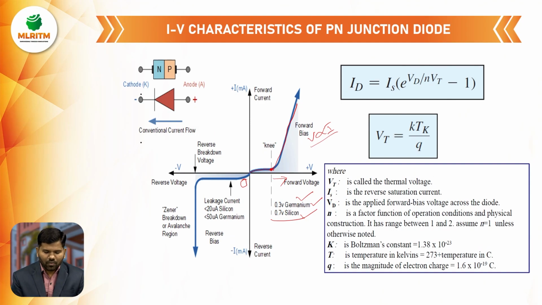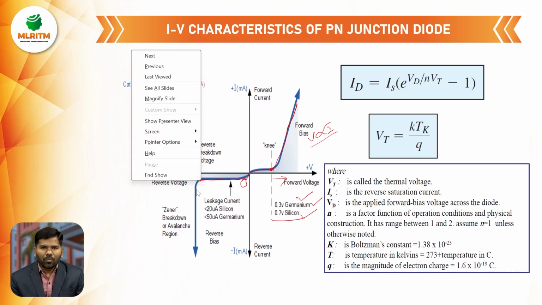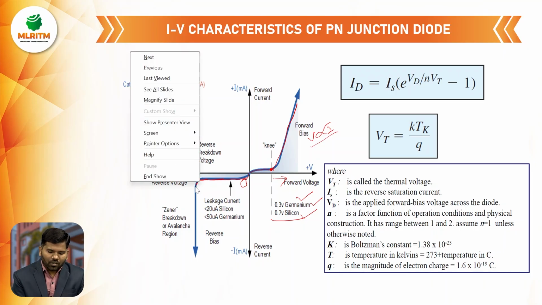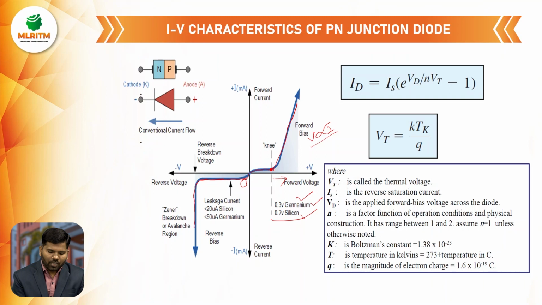If you analyze the graph in the reverse bias condition, as you increase the reverse voltage, a small amount of current will be generated. That is called leakage current. If we increase the reverse voltage further, the diode may generate a high current and it will be damaged.